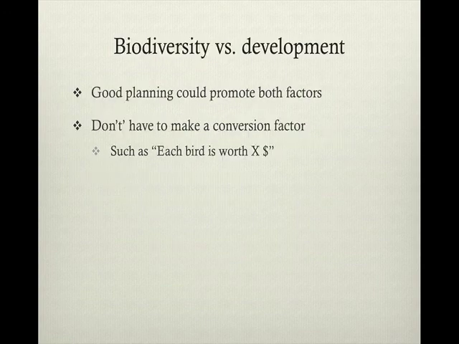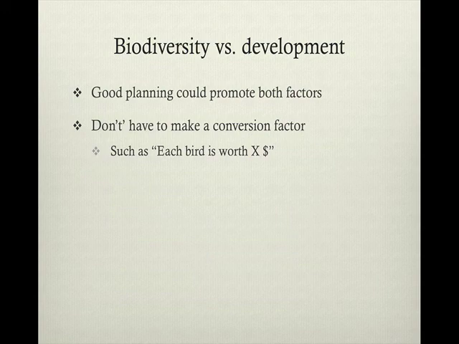In the biodiversity versus development example, good planning could promote both factors. The problem is, once you've gone past some planning horizons where you've already built roads and industries in certain areas, it's very difficult and expensive to go back. But the idea is still there that you can have different types of land use.